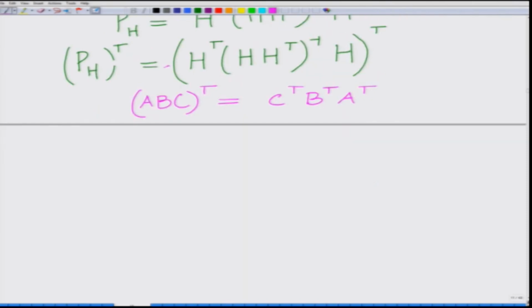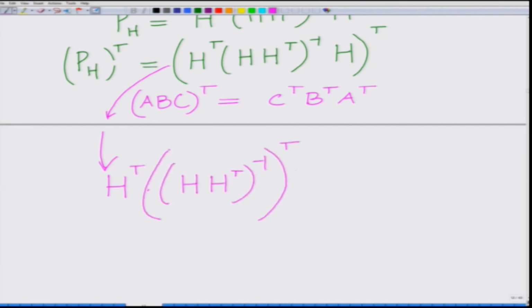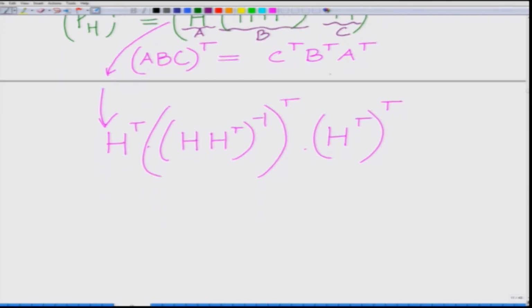Therefore, I can write this matrix as H transpose times the transpose of (H H transpose) inverse times H. Basically, this is my matrix A, this is my matrix B, and this is my matrix C. So, I am writing C transpose B transpose A transpose.